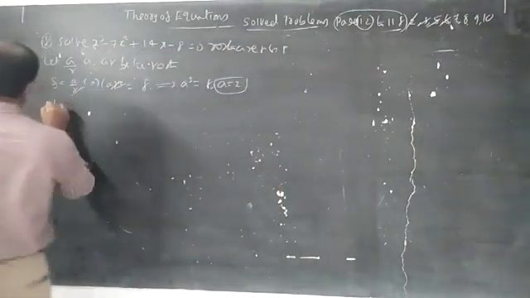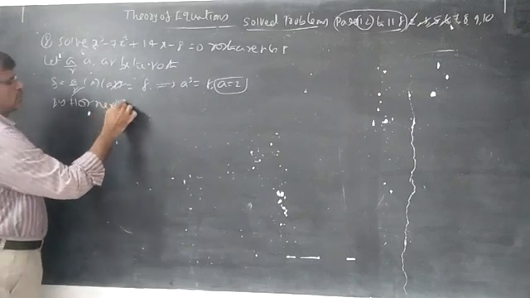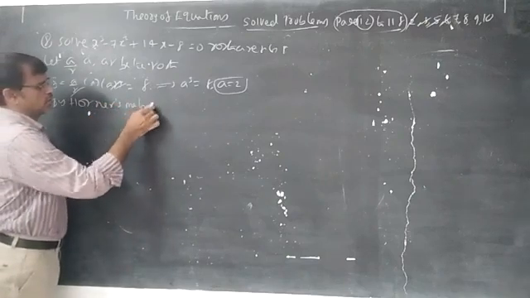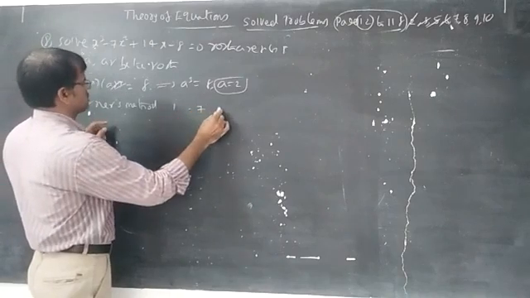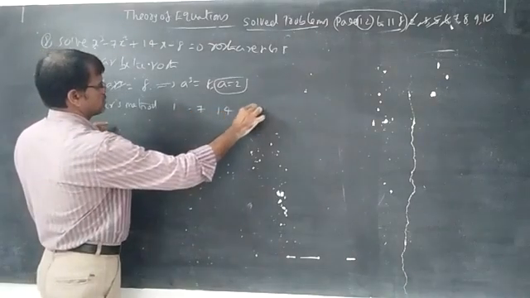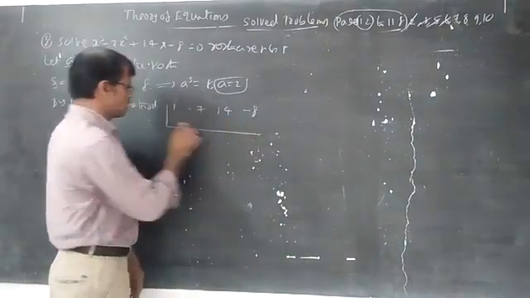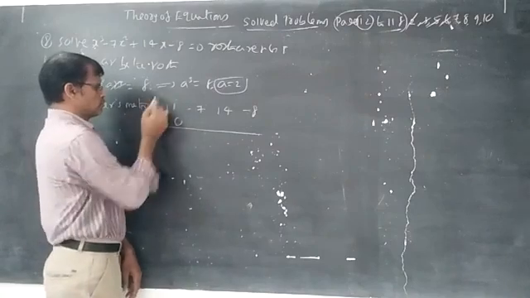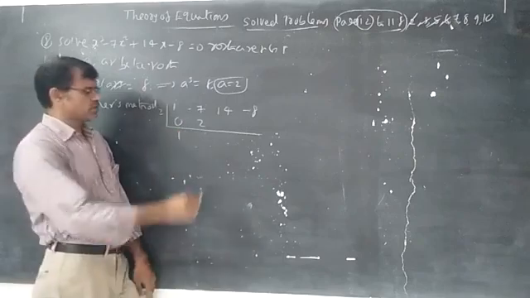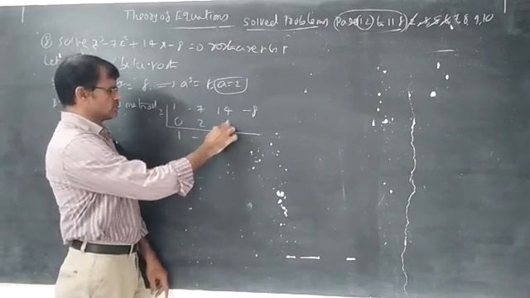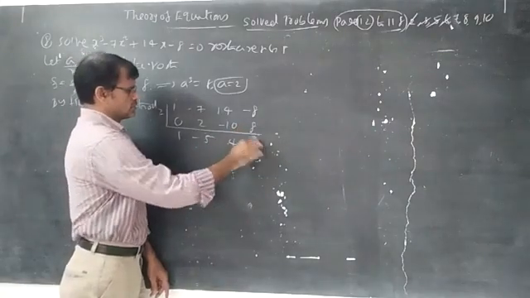Using synthetic division method, whenever 2 is a root, we can get the quadratic equation. Put here 1, minus 7, 14, minus 8, and put here 2. 1, this is 2, minus 7 plus 2 becomes minus 5, this is minus 10, this is 4, 4 is 8, this is 0.